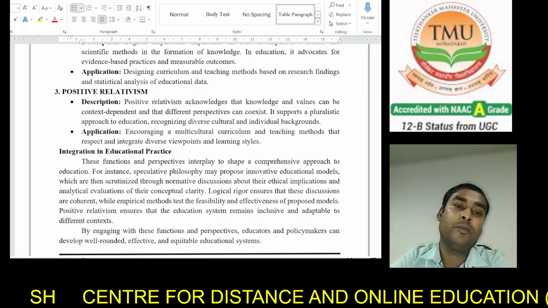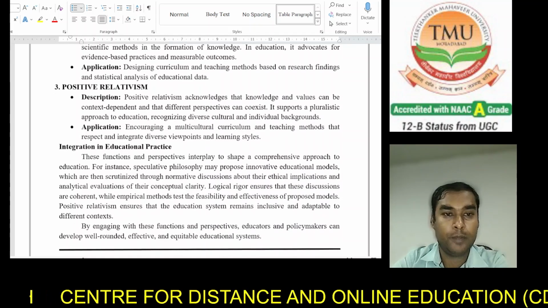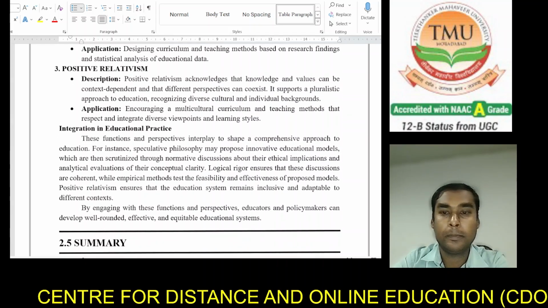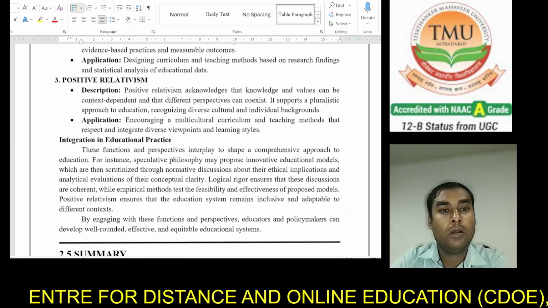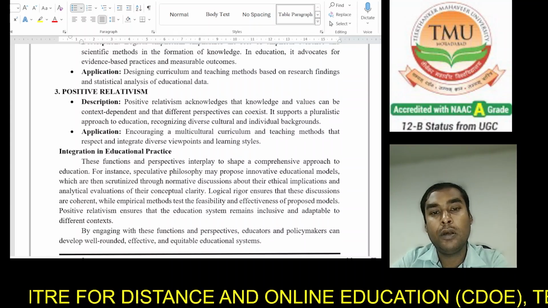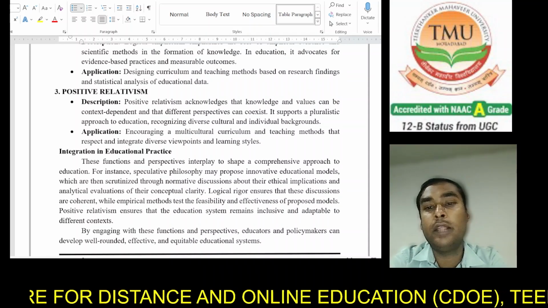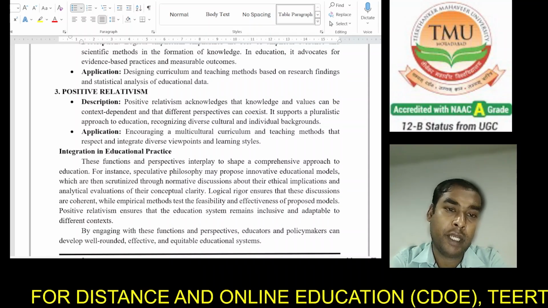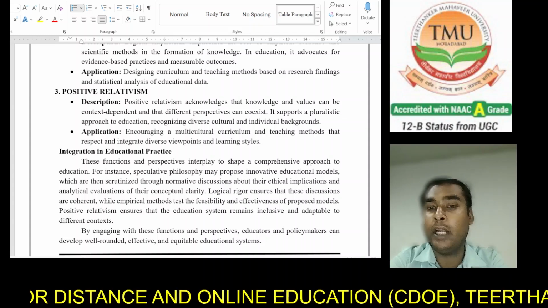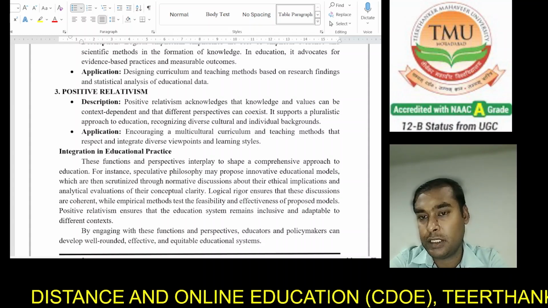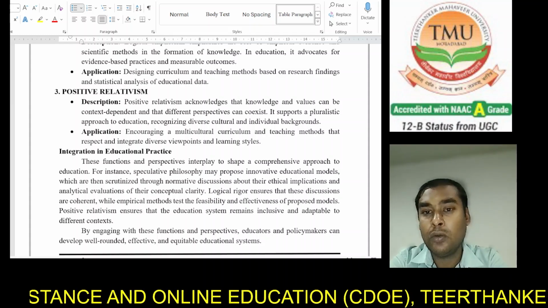Third one is positive relativism. Positive relativism acknowledges that knowledge and values can be context dependent and that different perspectives can coexist.